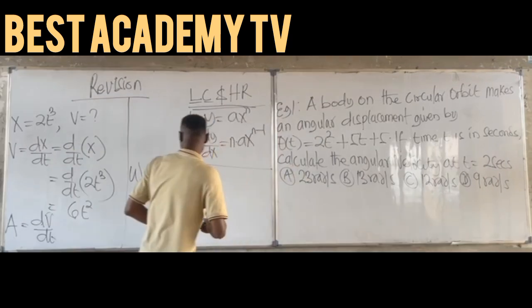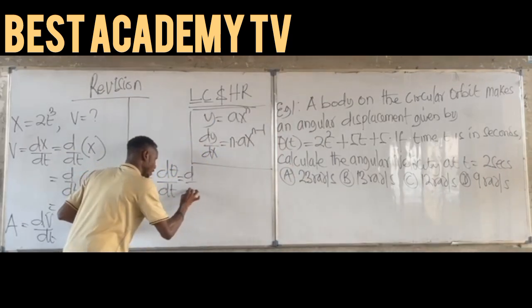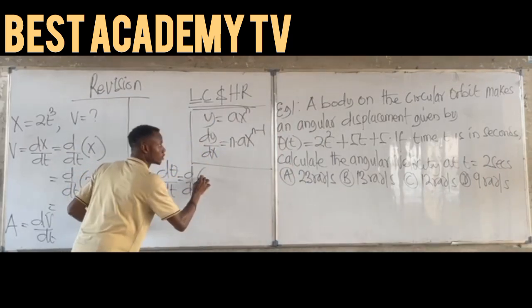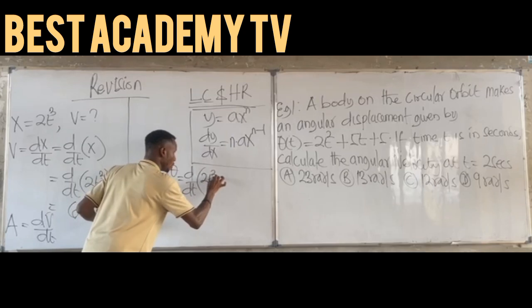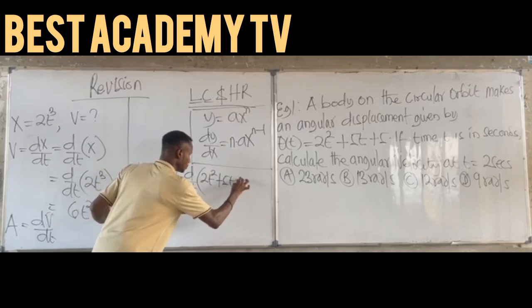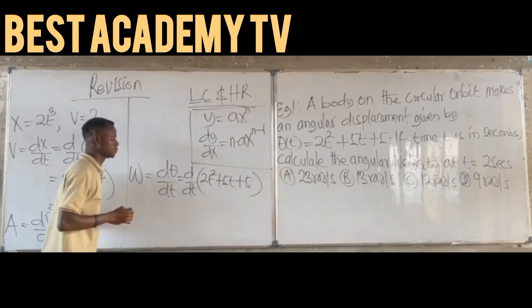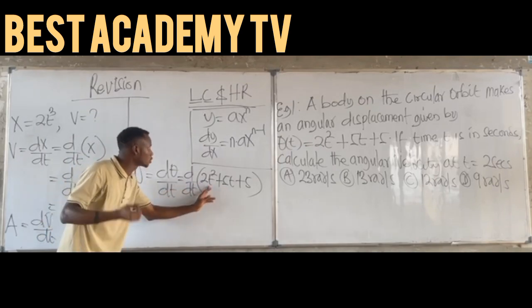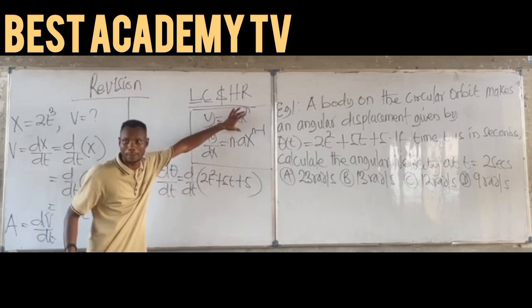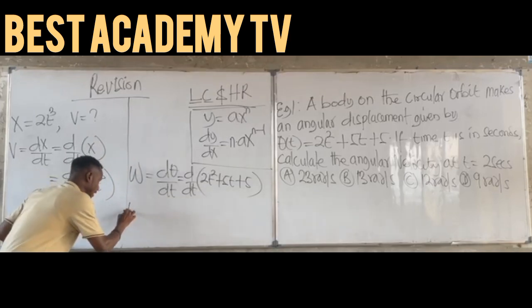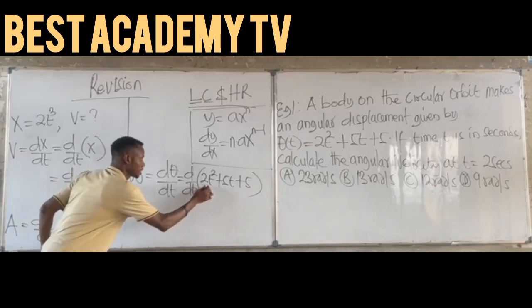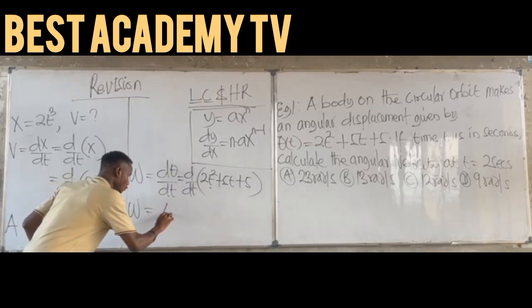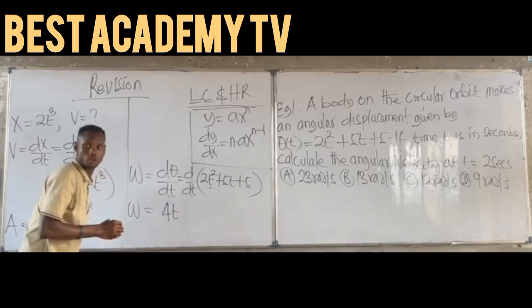And theta is equal to 2t squared plus 5t plus 5. Now what does this mean to us? It means differentiate this thing here, right? And we are going to differentiate this one after the other, just the same way we applied this. So our omega here will be equal to, class, differentiate here. What is the answer of this, class? 4t. Class, are you guys okay with this?